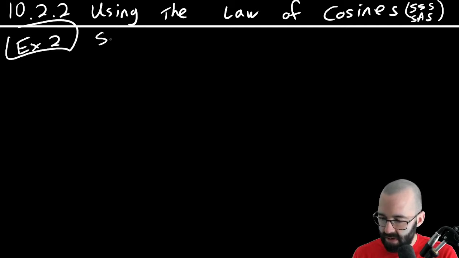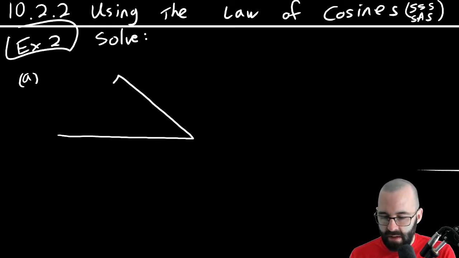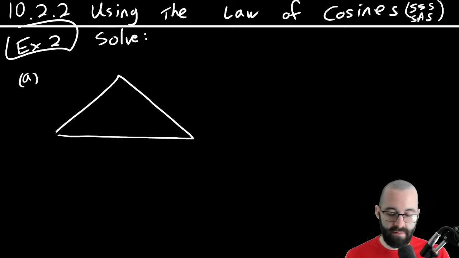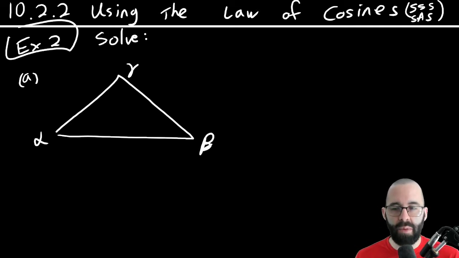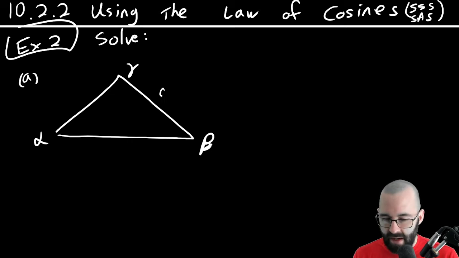Example 2. Solve the following triangles. Part A, I'm going to give you a triangle. Now this looks like alpha, gamma, beta. You can think of these as capital A, capital C, and capital B as well. A is going to be 10. C is going to be 12.